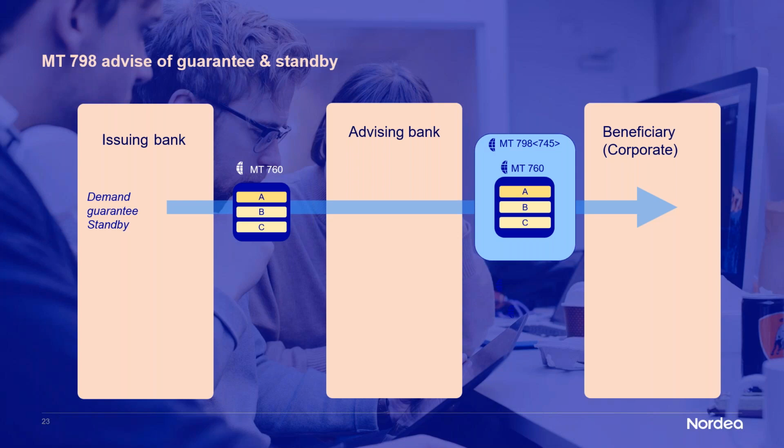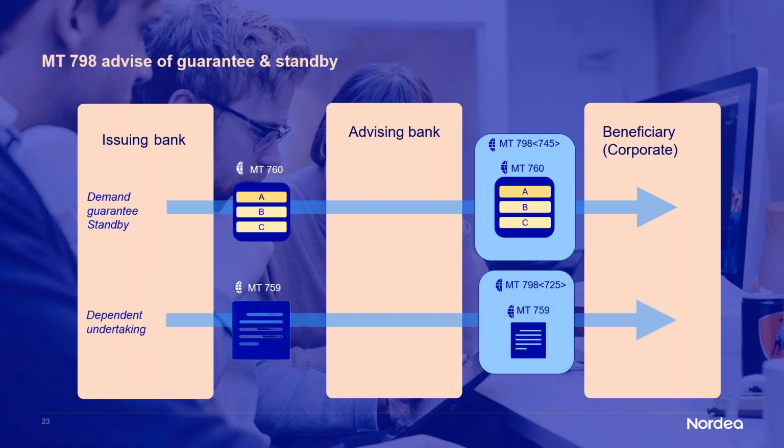So this will have all the structured details, and it will be able to be automated at the corporate side as well, if you wish to do so. So that's straightforward.